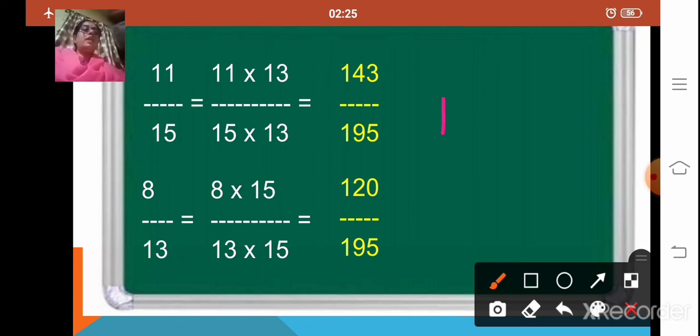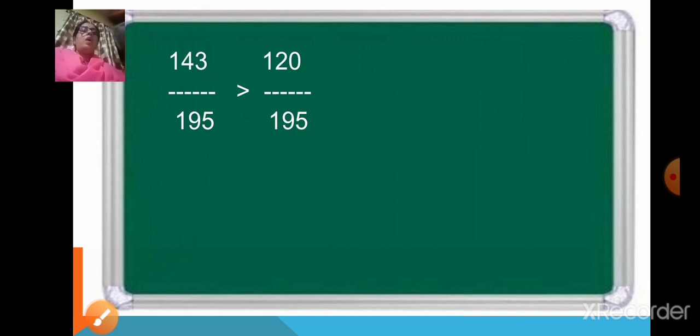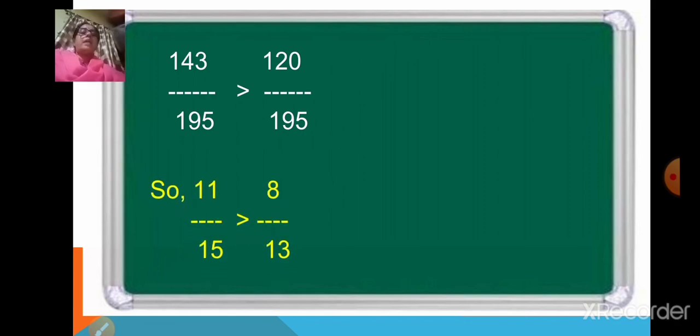Now you will compare. 143 is greater than 120. Okay, so compare the numerators. So that is your third step. 143 upon 195 is greater than 120 upon 195. So that means your fraction 11 upon 15 is greater than 8 upon 13.